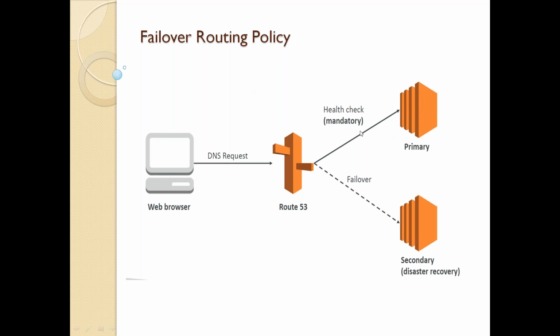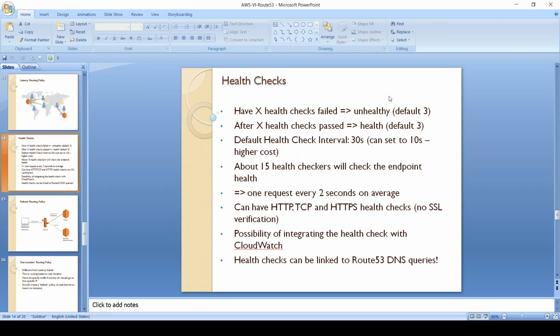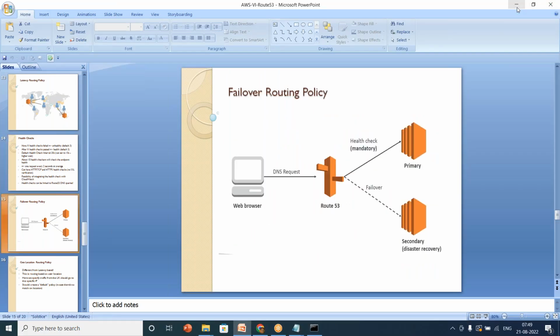If you stop this Apache server or something has happened to the health, it will redirect to the secondary disaster recovery EC2. This is what your failover routing policy is, right? Just like our RDS failover, this is also failover specifically used for disaster recovery. Here health checks are mandatory, especially for whatever you designate as primary. Okay, let's go create a health check.